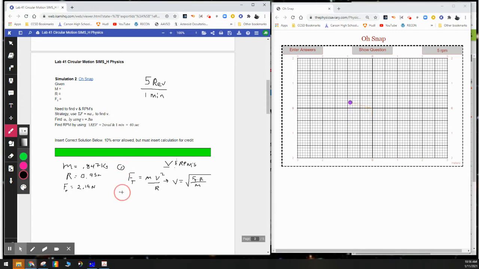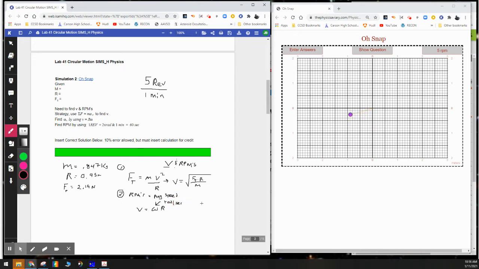Now step 2 is going to be RPMs. It's basically omega, the angular speed. The relationship is V is equal to omega times R. Remember, this omega is in radians per second.